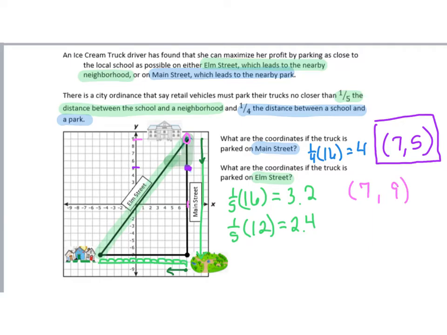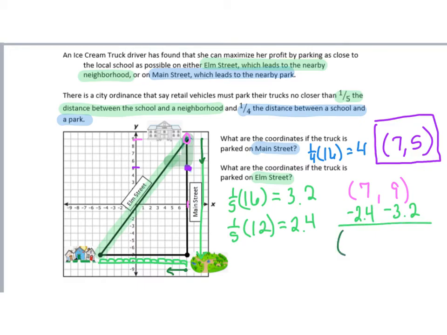I know I'm going to go down 3.2, so that affects my y-axis. Going down is subtracting from the y value, 3.2. And then I know I'm going to go left, and when you move left on a graph, you're subtracting. So I'm going to subtract 2.4.